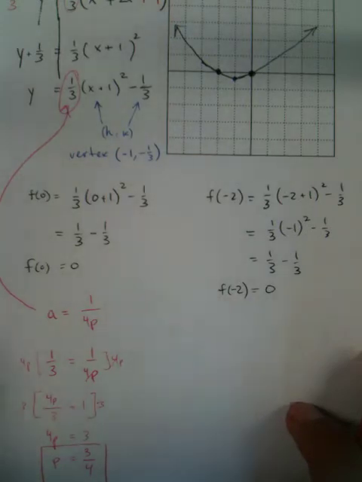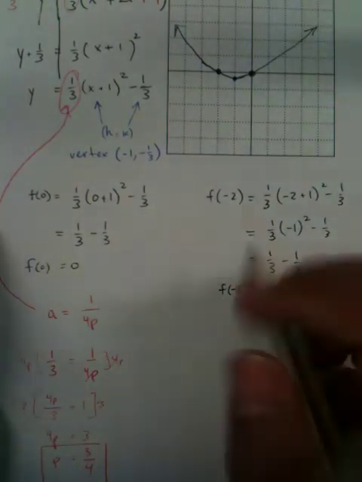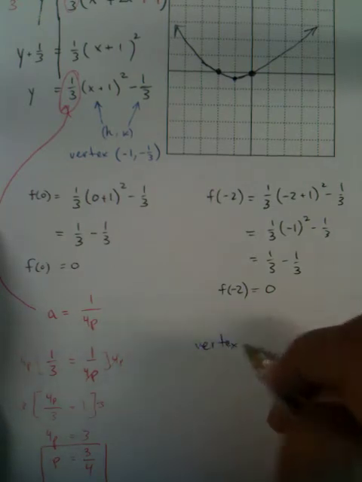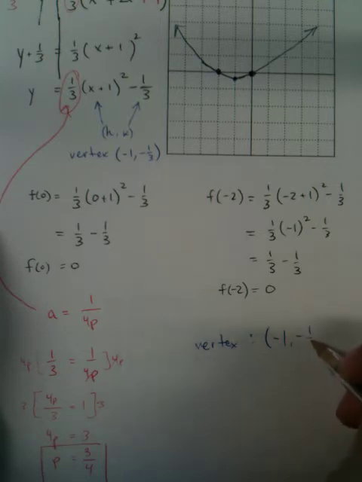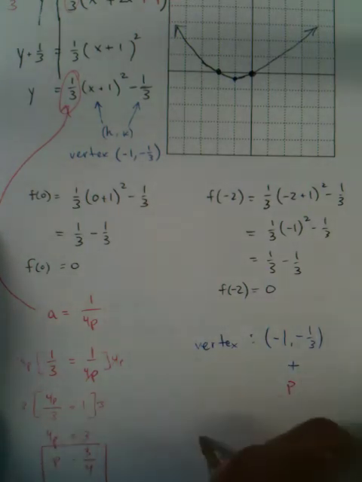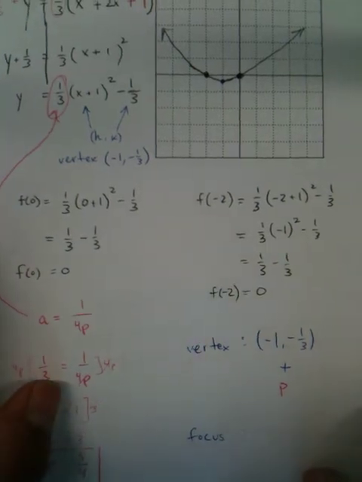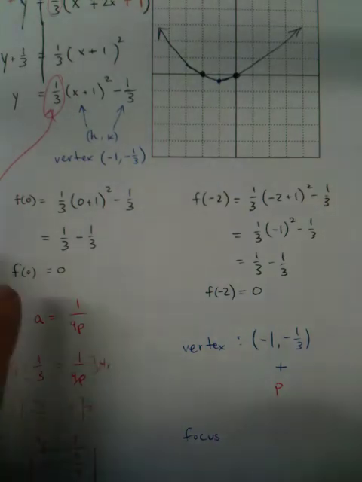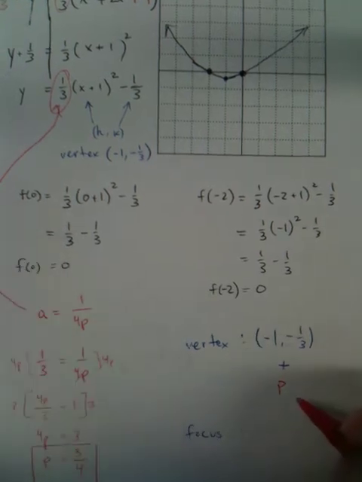When you're trying to find the focus, what you're going to do is take your vertex. In this equation, our vertex was -1 and -1/3. That was our vertex. And what you're going to do is add p to it. This will give you the focus. Now, you know for a fact that p happens to be 3/4.